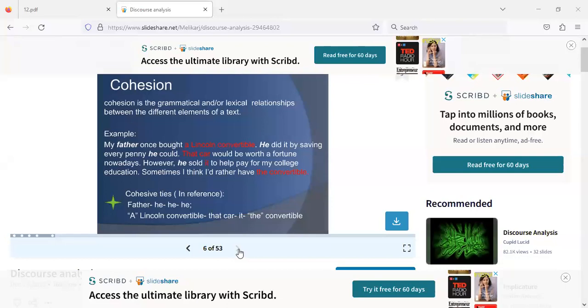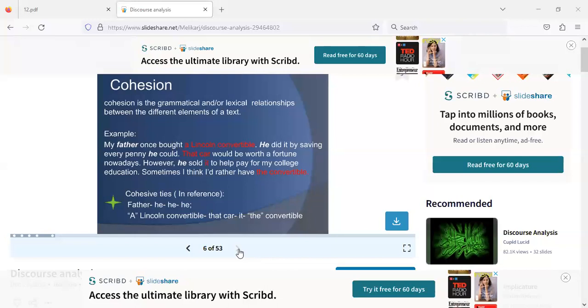So he might be repenting, or sometimes a little bit sad by losing this car. But anyway, he is coming out with this justification. However, he sold it to pay for my college education, and the writer's thinking comes out with this: sometimes I think I would rather have the convertible.